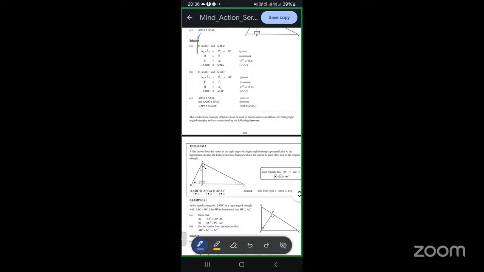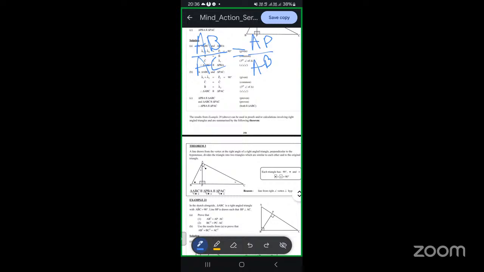You're saying AB over AC equals AP over AB. Okay?